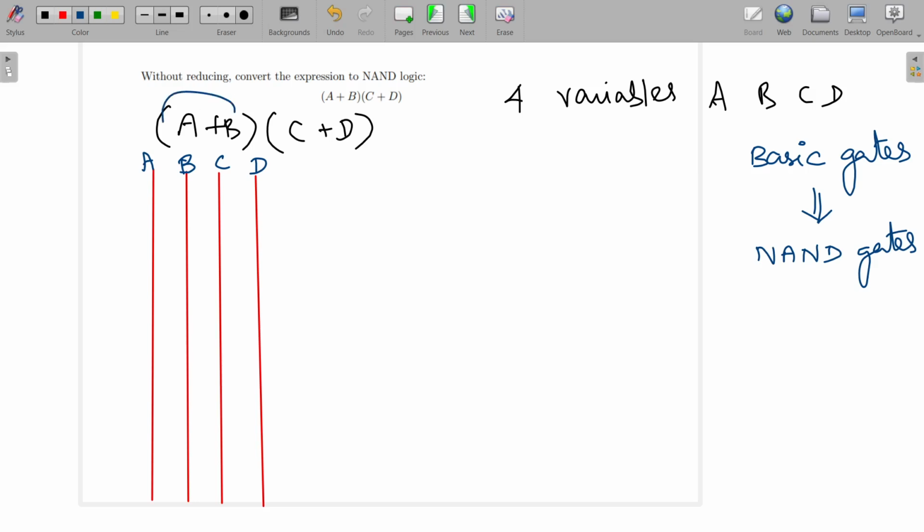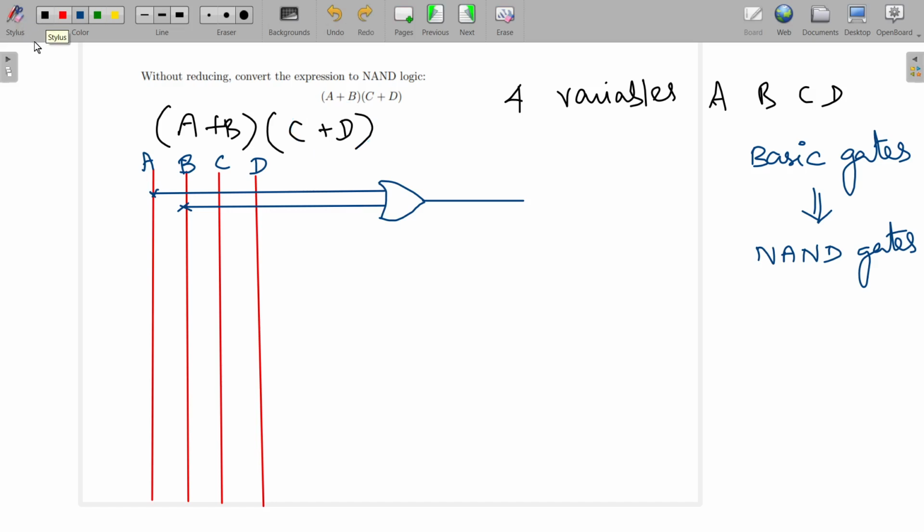So first we realize this function A plus B. We take the connection from A and then from B. A plus B is our function. Similarly, we go for the C plus D realization.